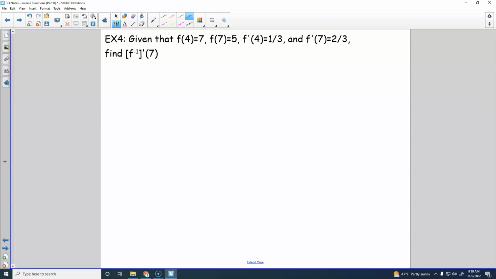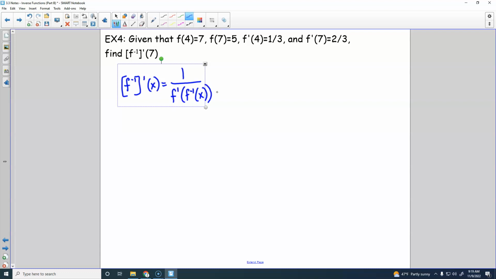So we have to use that formula, F inverse prime of X is going to equal 1 over F prime of F inverse of X. So they give us all this information. They tell us F of 4 equals 7, F of 7 equals 5, F prime of 4 equals 1/3, F prime of 7 equals 2/3. And we are supposed to find F inverse prime of 7.